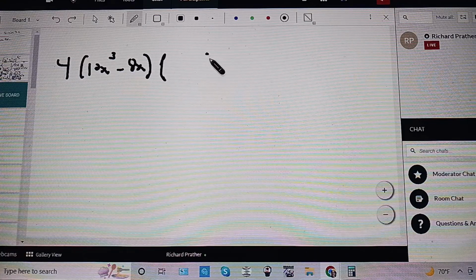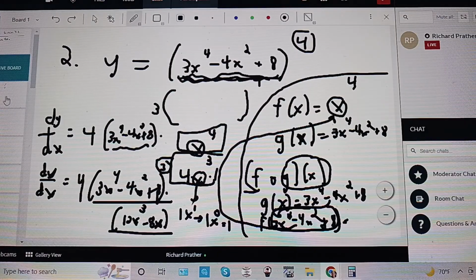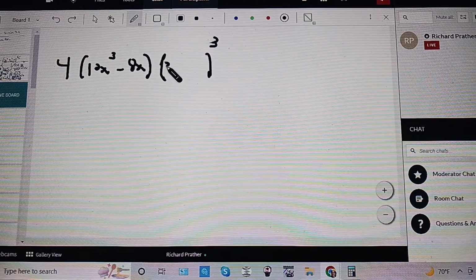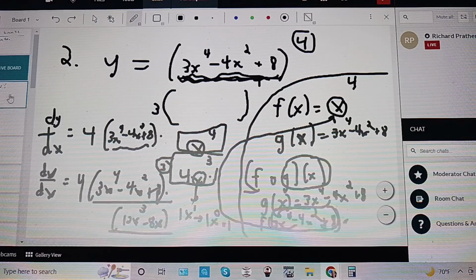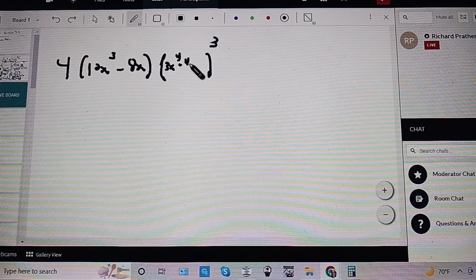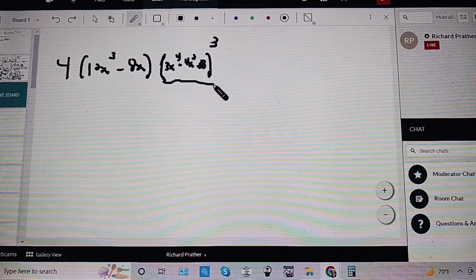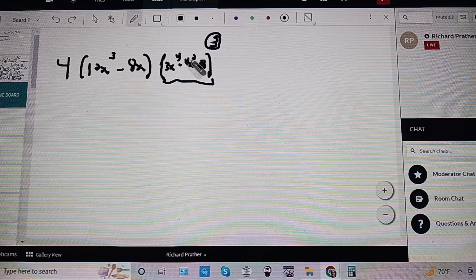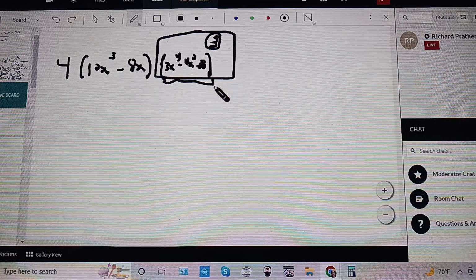And then I can do this part that had a third power. The original problem was in there. 3x to the fourth minus 4x squared plus 8. When a parenthesis part has an exponent different than 1, then you're never going to be able to do anything with this. That's going to definitely be in the answer.